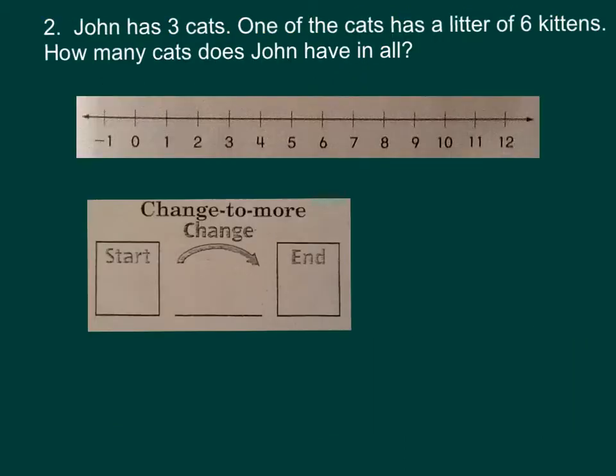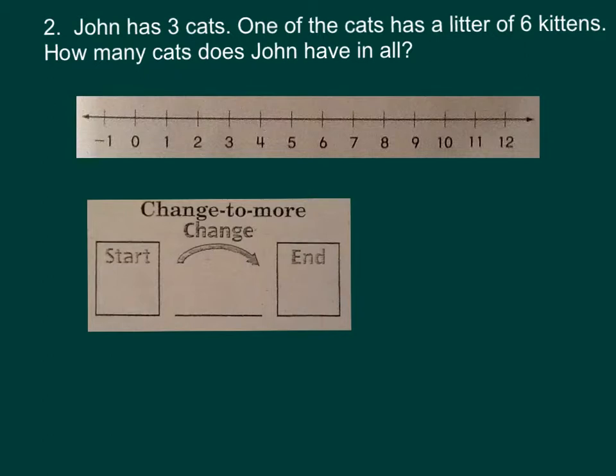Let's take a look at problem number 2. This problem says, John has 3 cats. One of the cats has a litter of 6 kittens. How many cats does John have in all? Boys and girls, let's take a look at our change to more diagram.